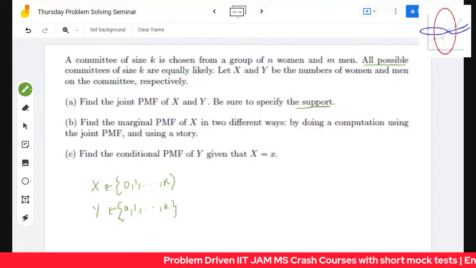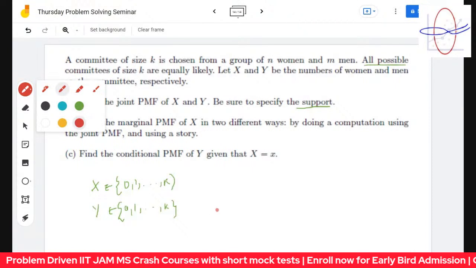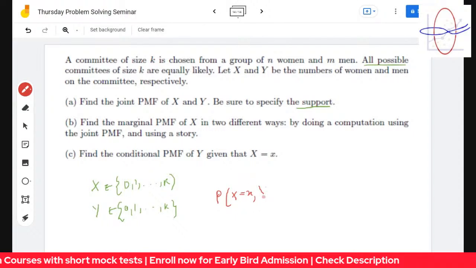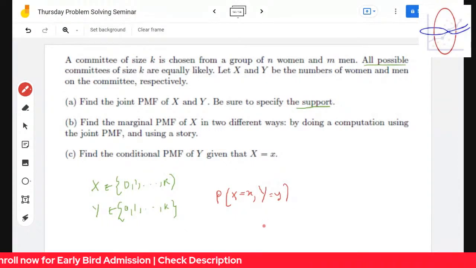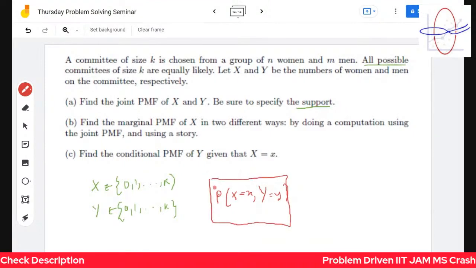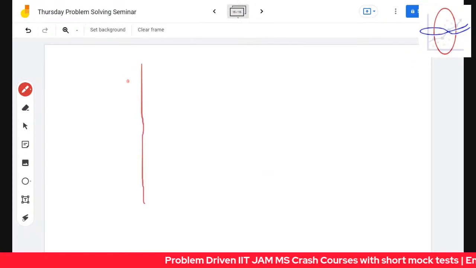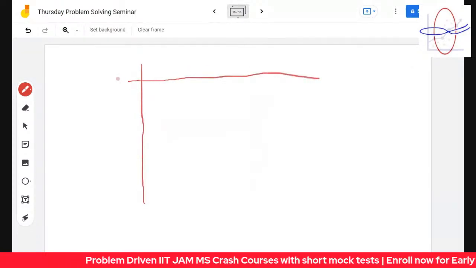So what's next? We need to find the probability that X is equal to x and Y is equal to y. This is what we need to find. So let's make a table. Always make a table. It will help you understand it geometrically.